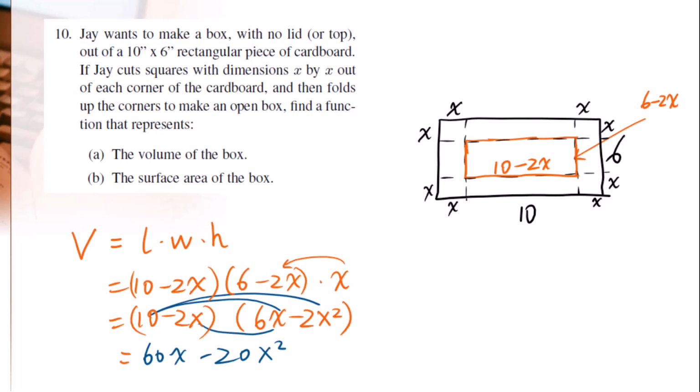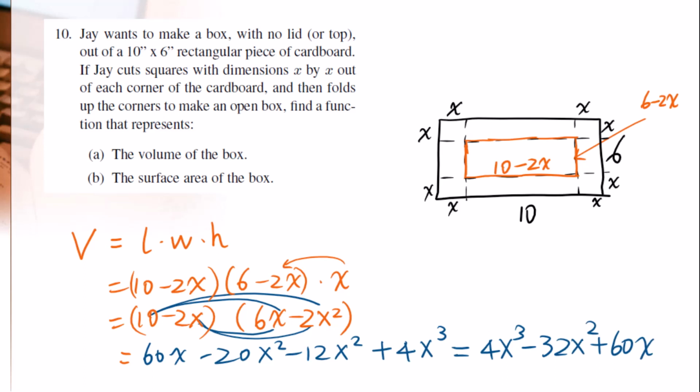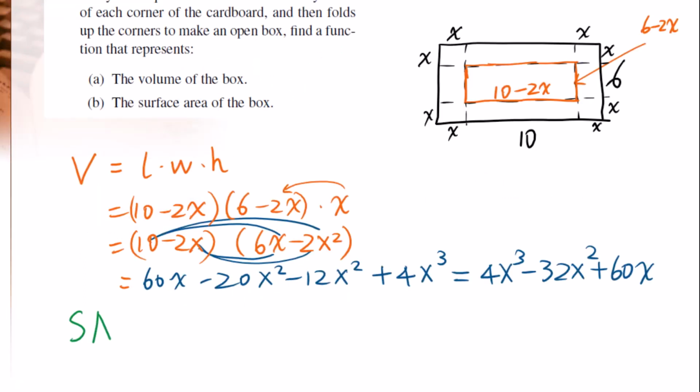Negative 2x times 6x is minus 12x squared. Negative 2x times negative 2x squared is plus 4x to the third power. Combine like terms: 4x to the third power minus 32x squared plus 60x.